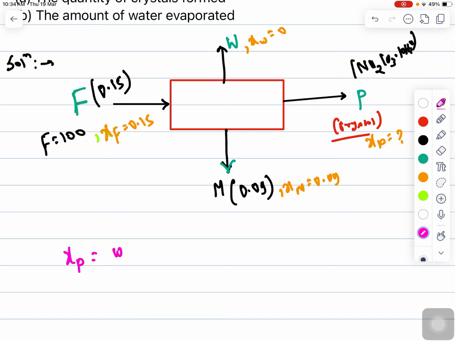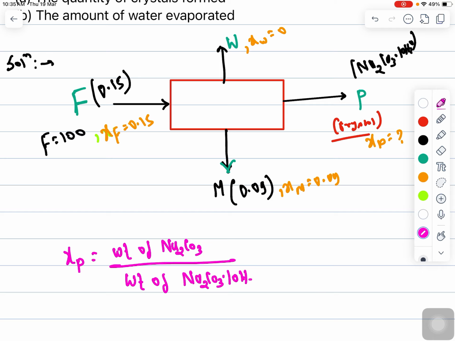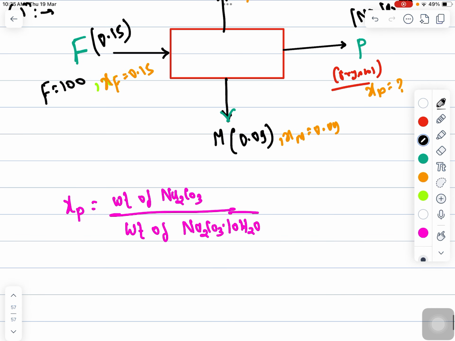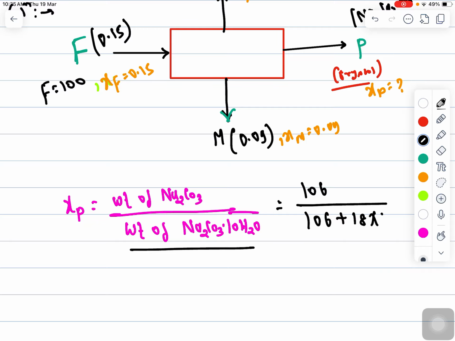XP will be the weight of Na2CO3 divided by the weight of Na2CO3 plus H2O. The weight of Na2CO3 is 106, and the weight of water is 18 into 10, so the total is 106 plus 18 into 10.